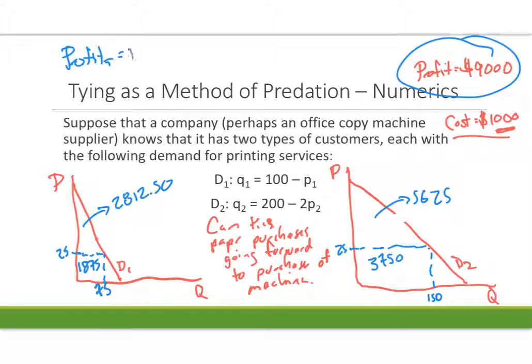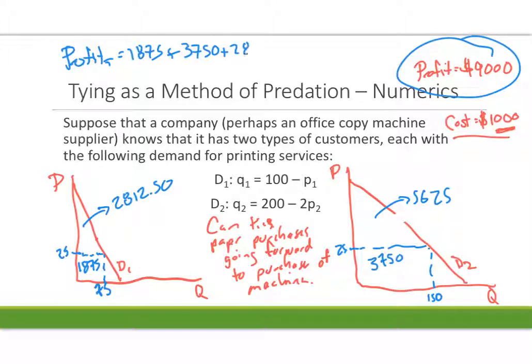I'm going to earn $18.75 from the demand on the left for their paper, plus I'm going to earn $3,750 from the demand on the right for their paper, plus, okay, again, we're not price discriminating, so we're going to charge both of them because we'll see what happens if we provide to both of them.